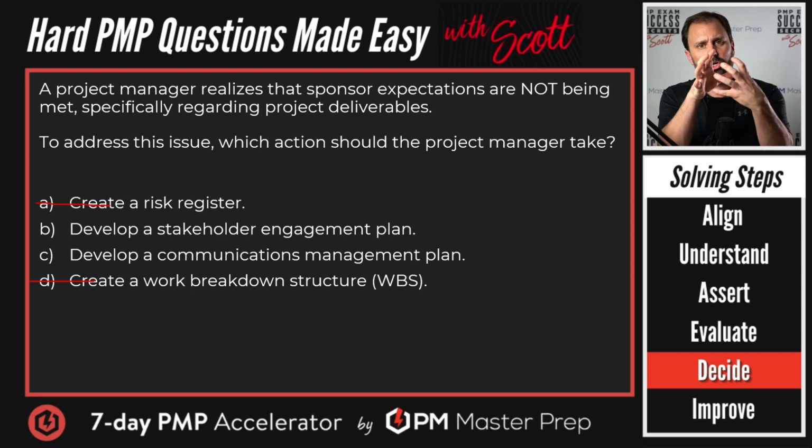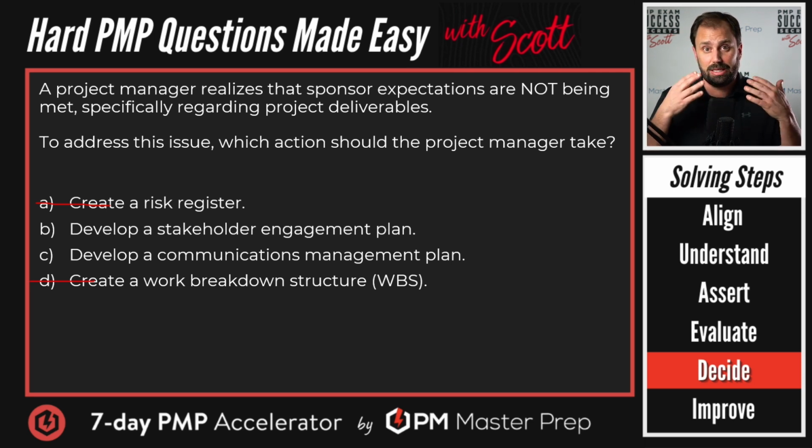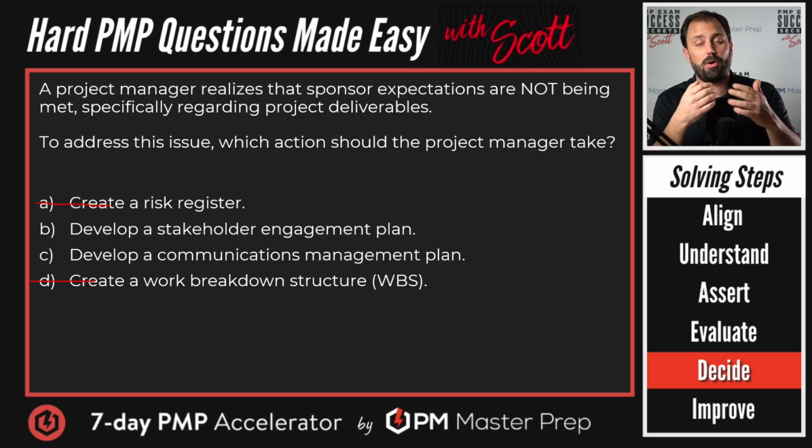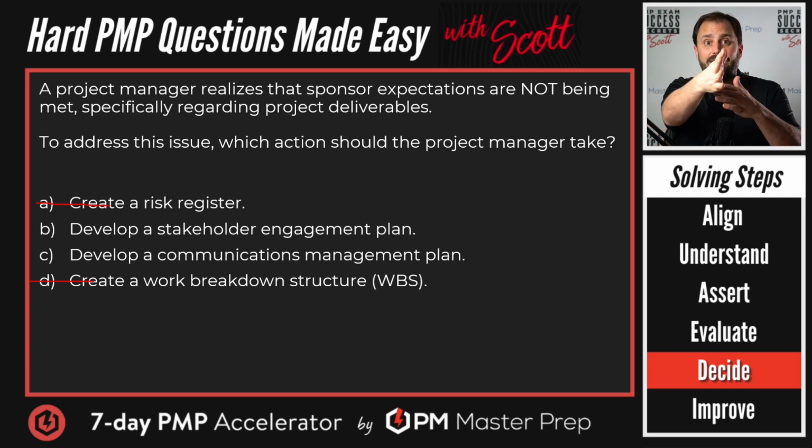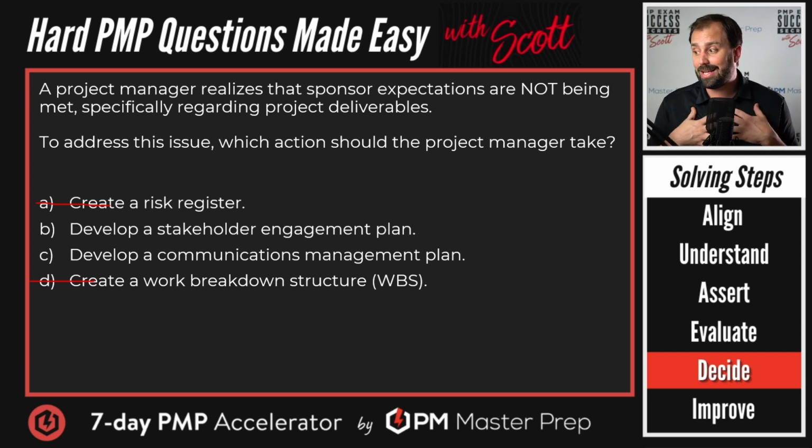I would want to understand how we're engaging with this sponsor and working through it. So while we do need both those things in a project, I personally would lean on B for the engagement part of it. I think that would help rectify this issue and help us navigate smoothly through this. So that's my decision, agree or disagree, but let's see if it's right.